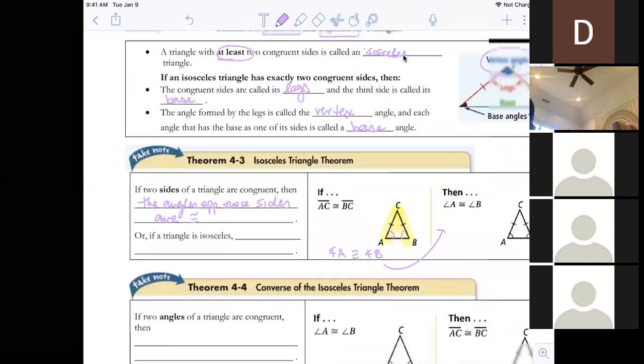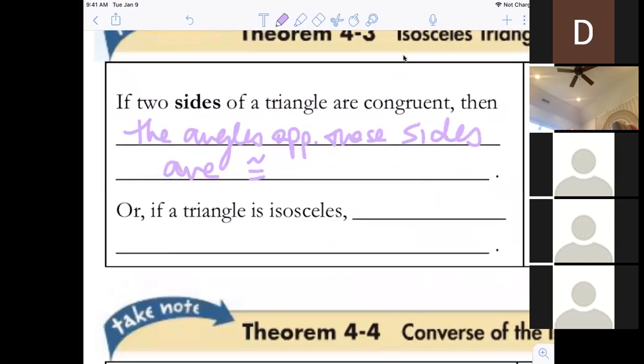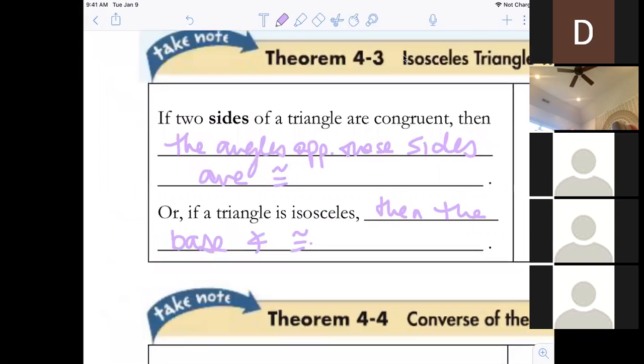All right, so if 2 sides are congruent, then their opposite angles are also congruent. We also can write it using our definition. We know a triangle is called isosceles if at least 2 of its sides are congruent. So if the 2 sides are congruent, we can just say if a triangle is isosceles, then, and again use our vocab, then our base angles are congruent.